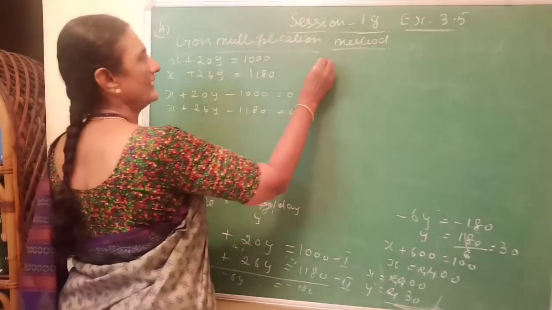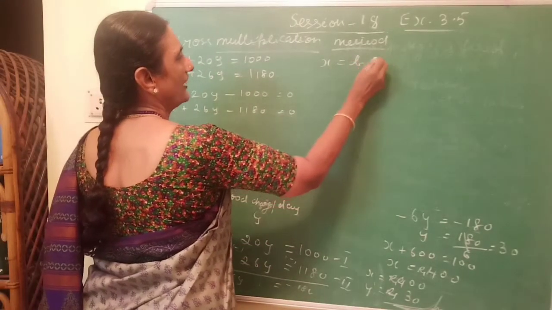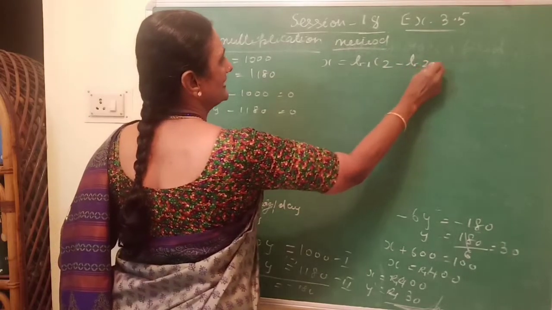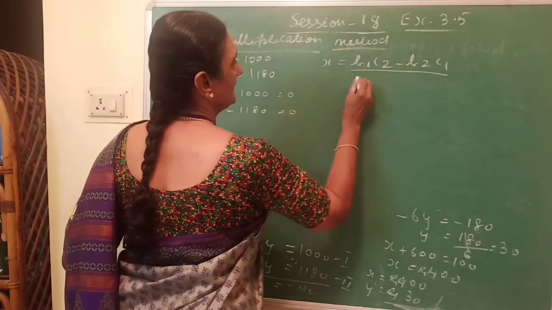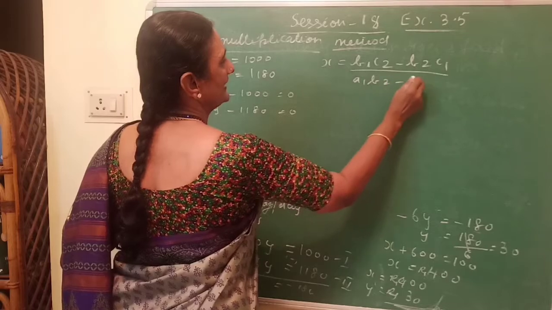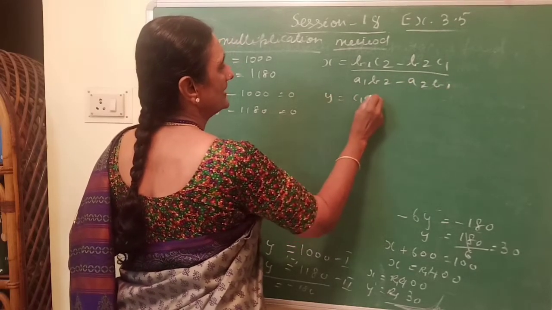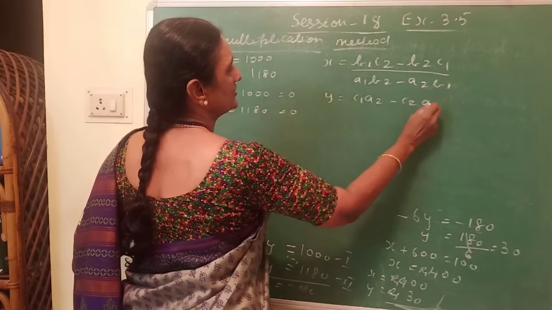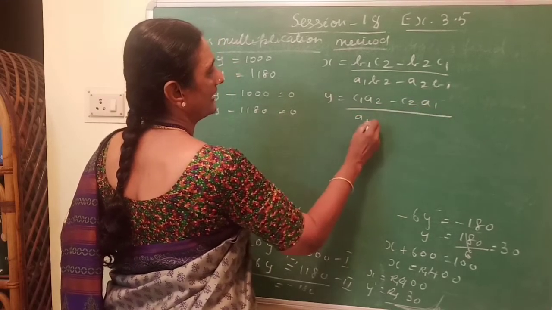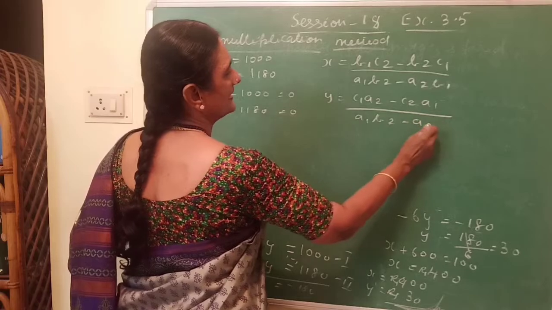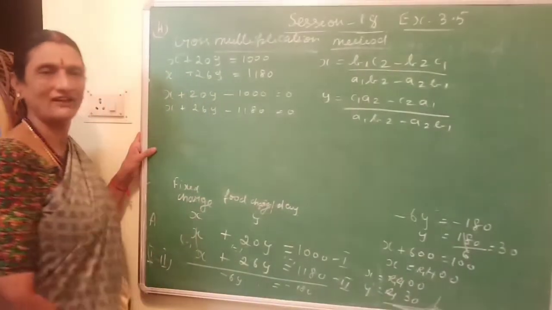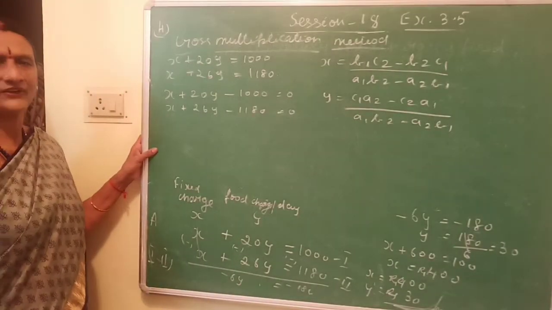Second step is what? x is equal to (b1c2 minus b2c1) divided by (a1b2 minus a2b1), and y is equal to (c1a2 minus c2a1) divided by (a1b2 minus a2b1). Okay, that we have to write first. Are you understanding?